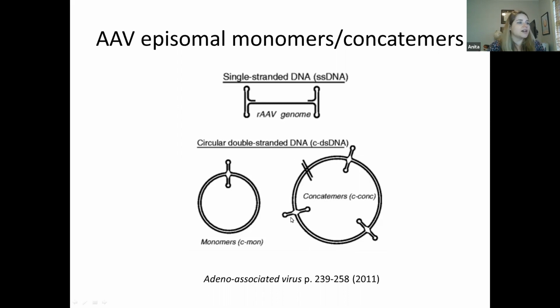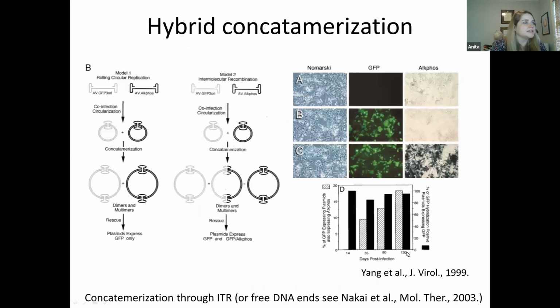And it's thought, this comes from a book, I think, Adeno-Associated Viruses. So I think the next slide. Yeah, so we had talked last time about if you infect a cell with 2 different AAVs, you could get hybrid concatemerization. There was a study to test whether or not they could hybridize.